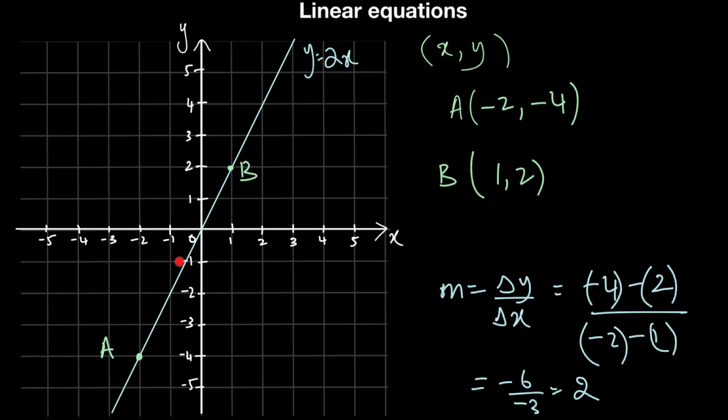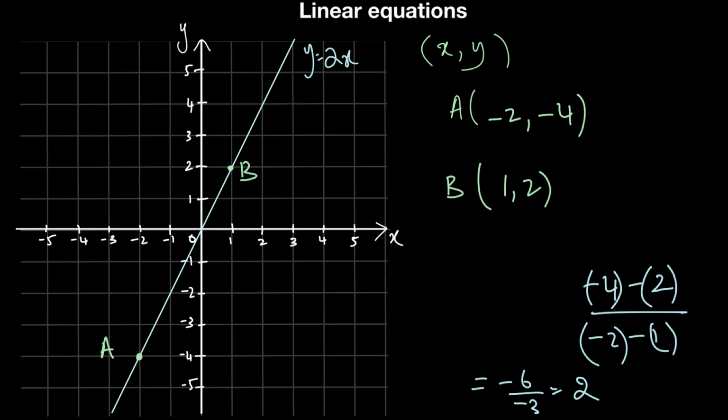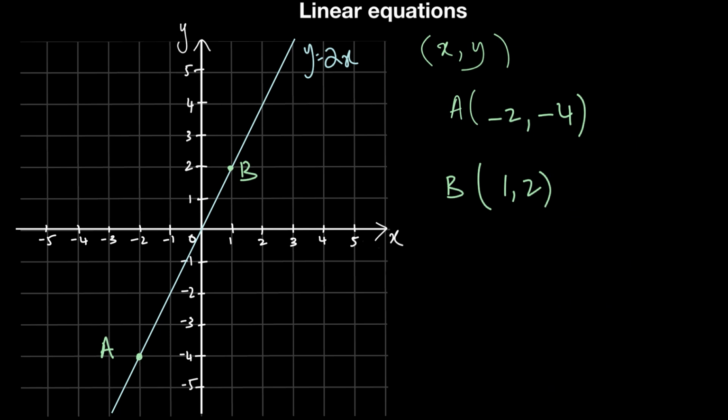If I take any 2 points on this line, it doesn't matter where I start, it doesn't matter where I end, if I measure the change in y over the change in x, it should always give me a constant value, which will be equal to the slope. So more generally, if I took A as my starting point, I can say that A is simply x1 comma y1.